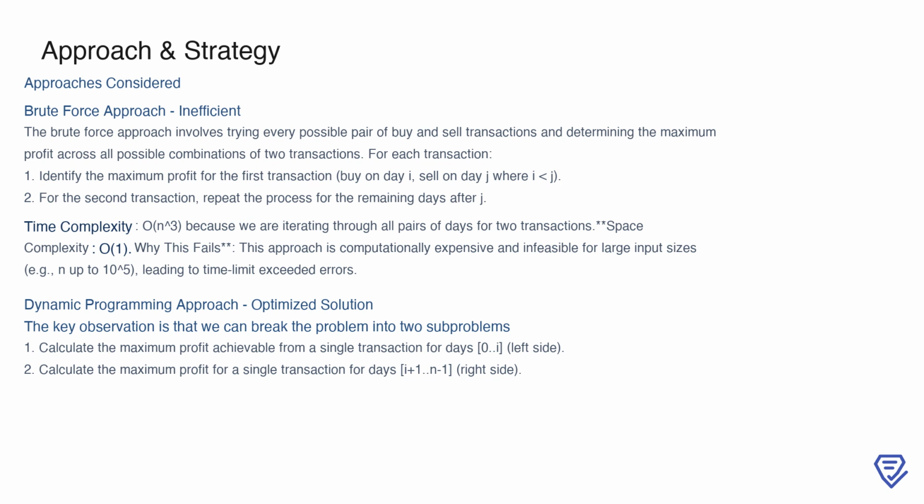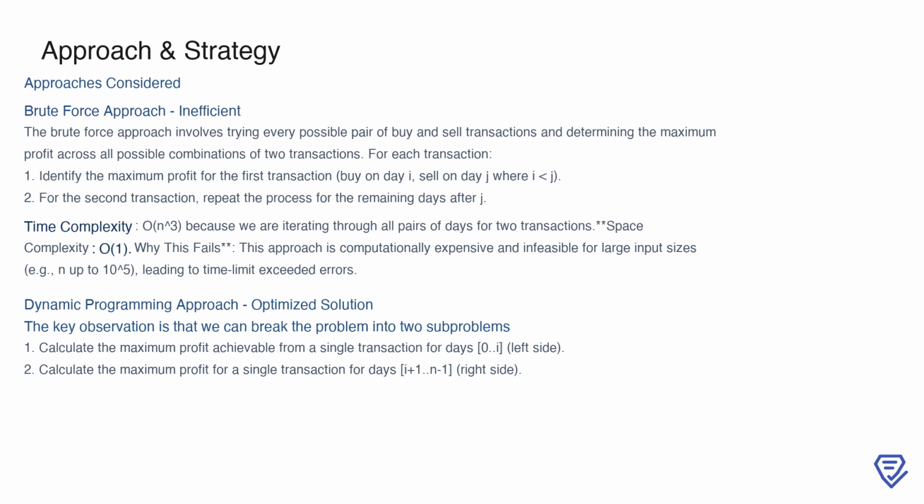However, this method quickly becomes impractical because of its time complexity. For every pair of days, we need to repeat this process twice, resulting in n cubed time complexity. While it uses constant space, this inefficiency makes it unsuitable for large datasets, such as those with up to 100,000 days. This approach is simply too computationally expensive to be viable.